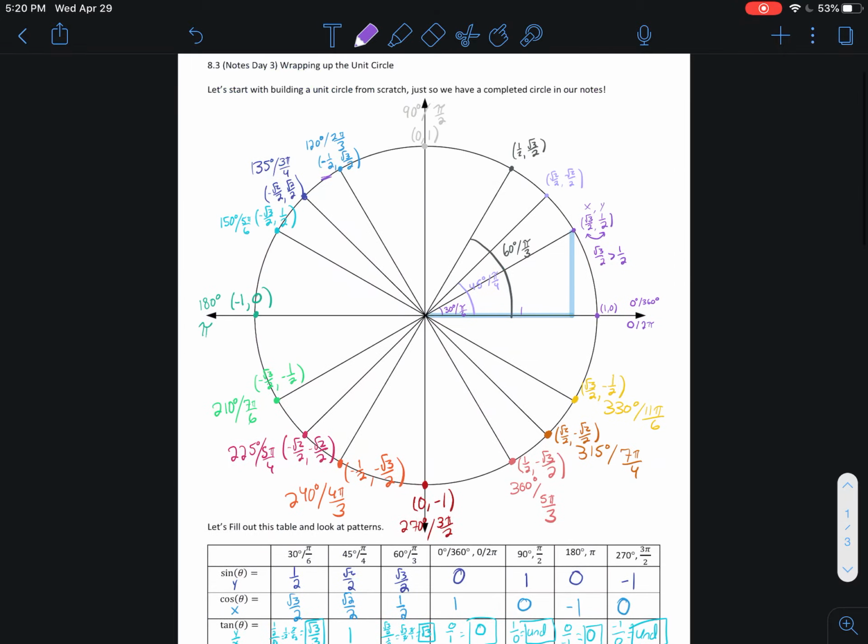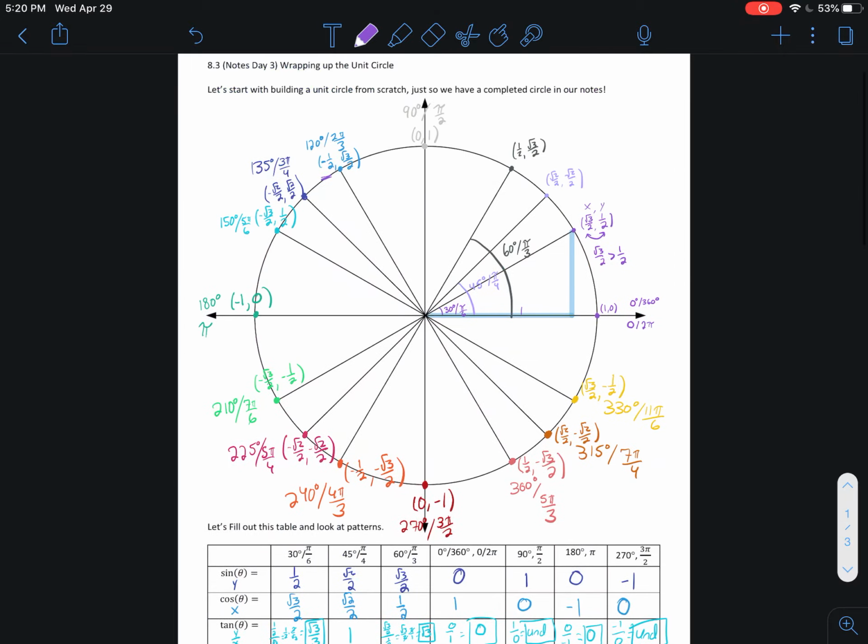So this is -2 pi over 3, which is the same as our 240 degrees. It's asking us for the sine, so the y value. So the y value right here is negative radical 3 over 2.